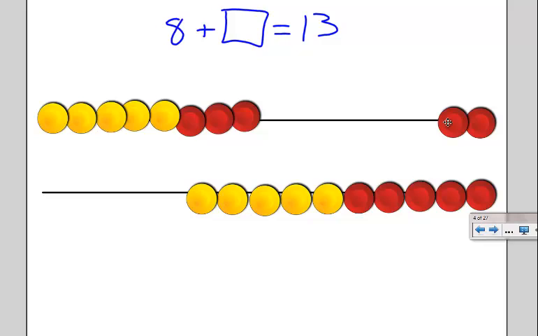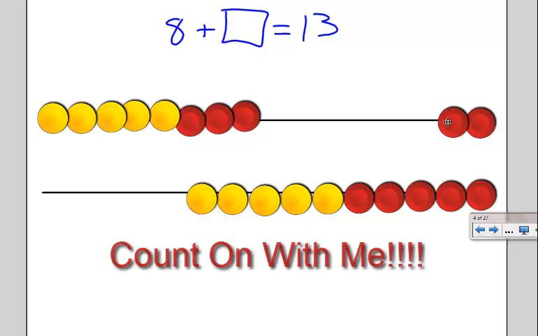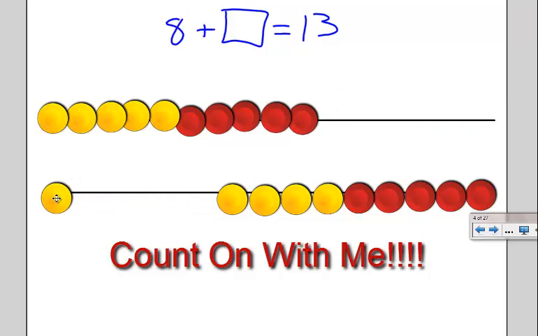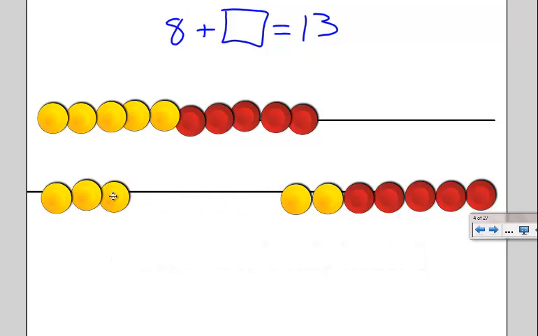So this is a tool that could really help me count on. I can count on by knowing that I'll end up with 3 on the bottom, so I could take from the top and say 1, 2, 3, 4, 5, and that makes 13, so I know I've counted on by 5.